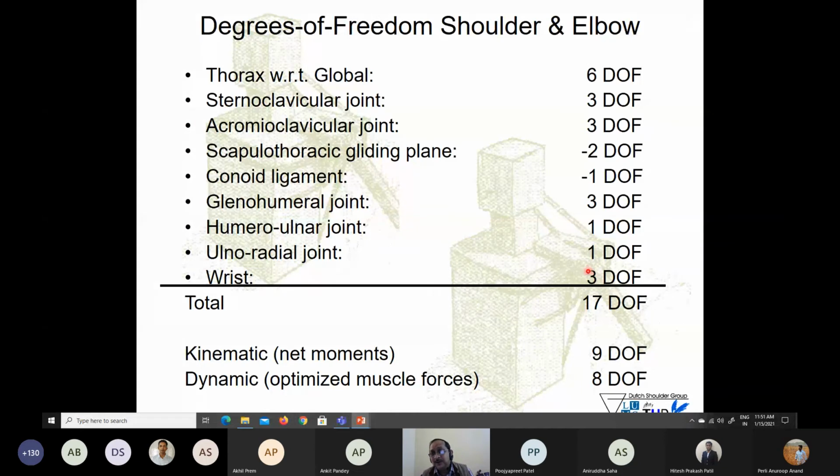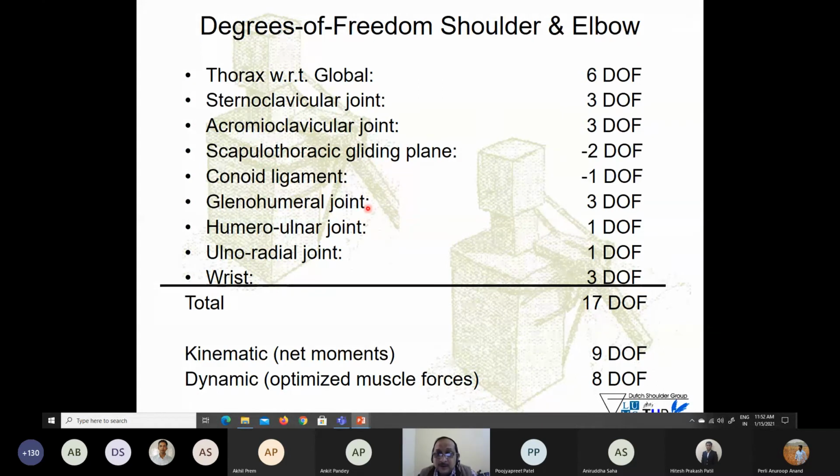More, it adds 3 rotational degrees of freedom to this whole complex. So if you consider thorax, shoulder, elbow up to wrist, the degrees of freedom is 17.